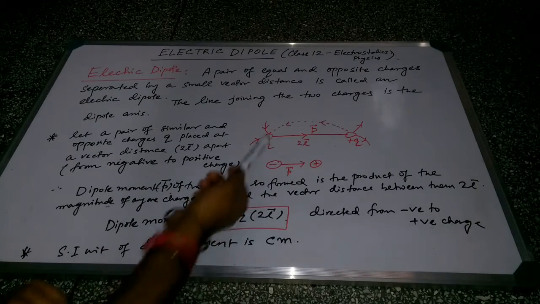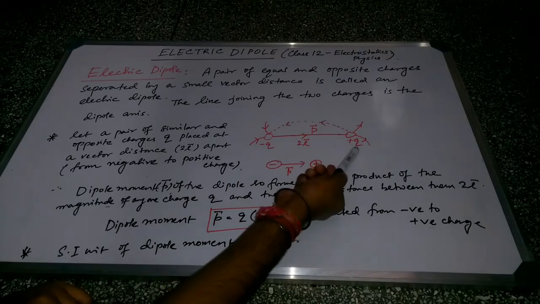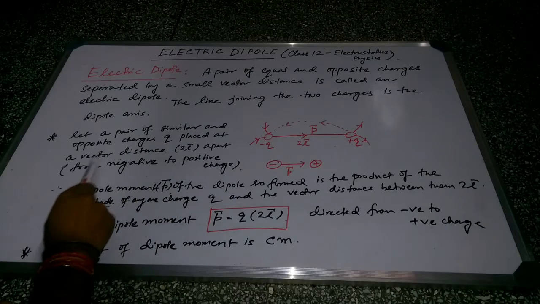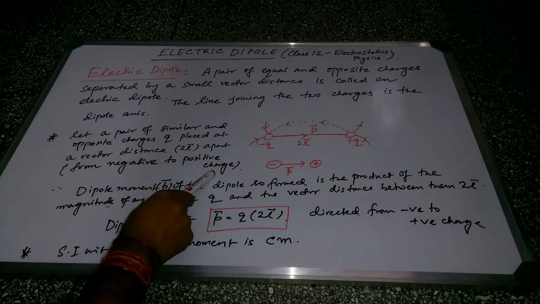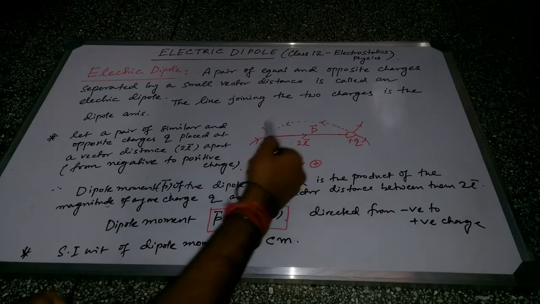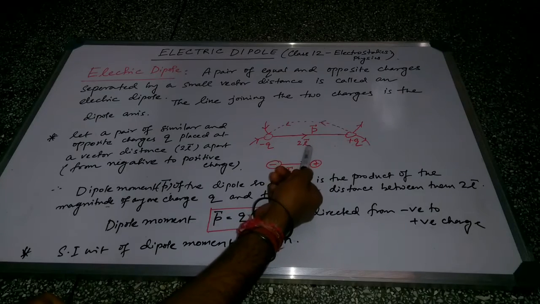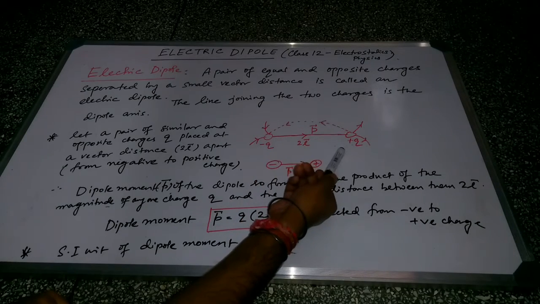The direction is from negative to positive charge. So this constitutes a dipole: plus minus q charges, equal and opposite, separated by a small vector distance 2L from negative to positive charge.